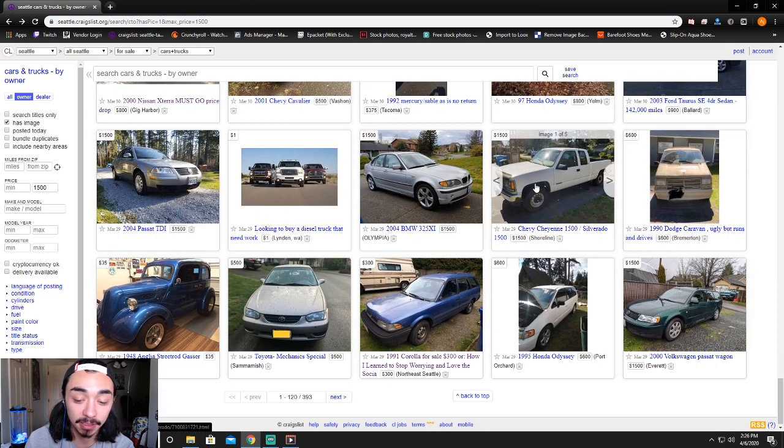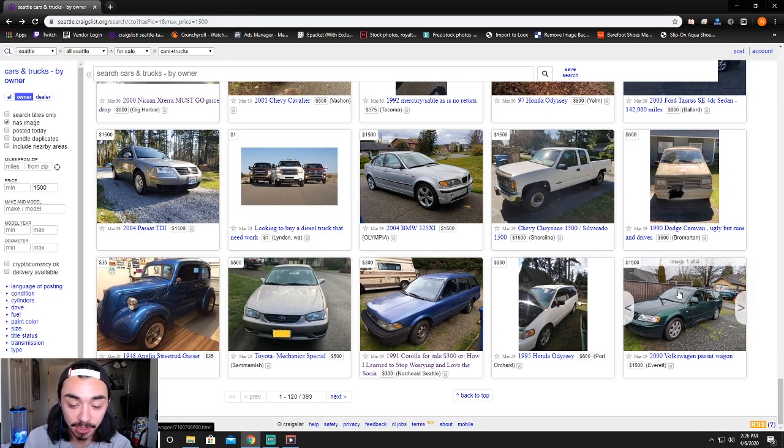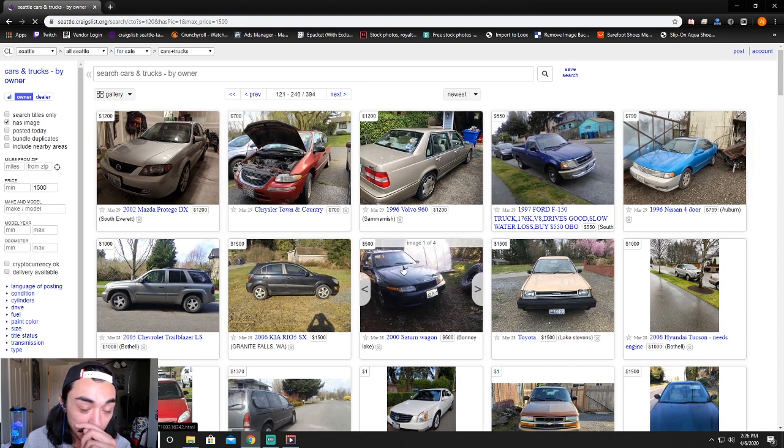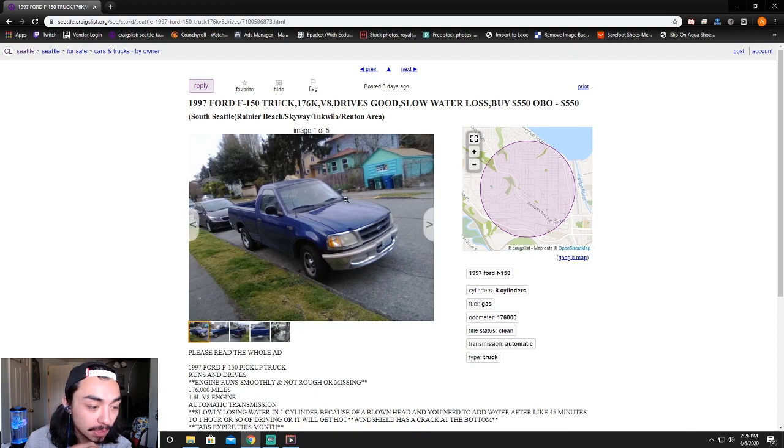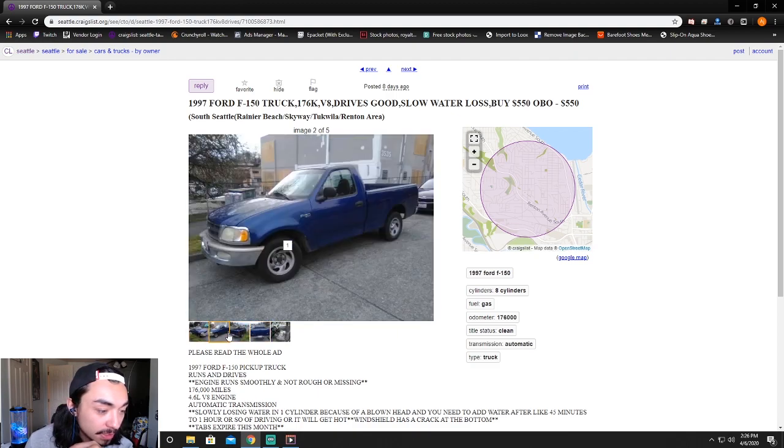But as you can see on Craigslist, there's so many cars that are just posted for random amounts of money, and you can make hundreds, thousands of dollars on some of these cars just by reselling them with a better marketing angle, like a better picture, better everything, like the way I would sell. Even if I was to buy this and sell it, first of all, this photo's kind of blurry.